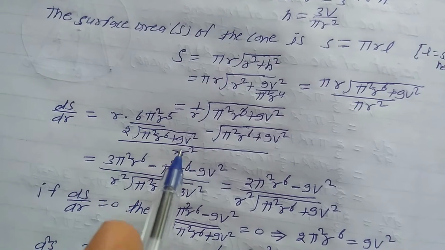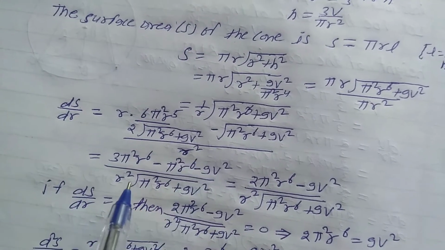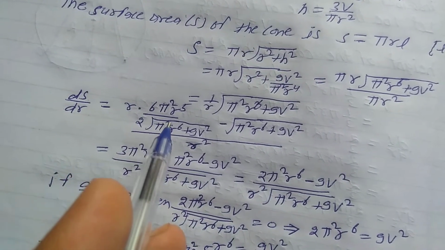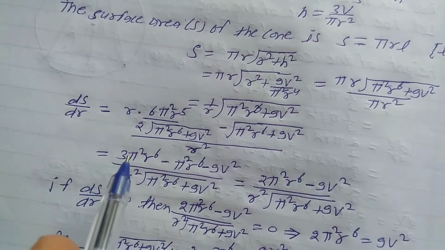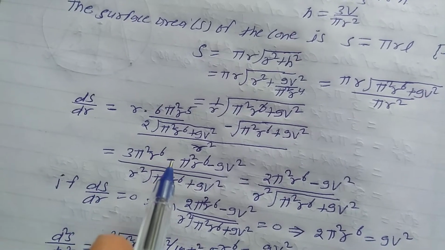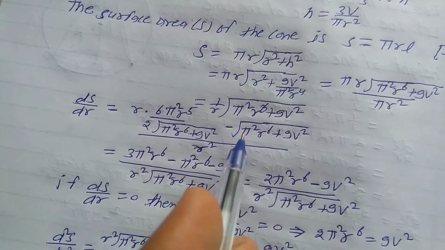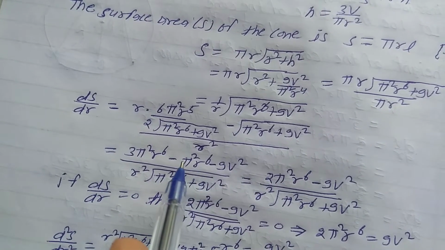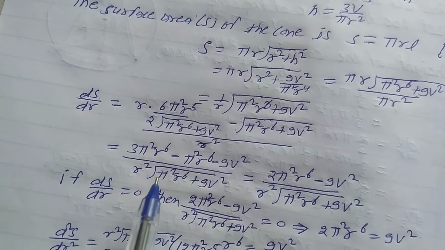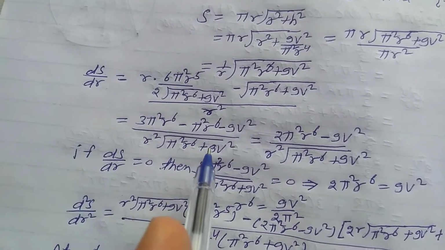In the numerator take the LCM, which is root of pi square r power of 6 plus 9V square. Here 2 divided into 6 is 3, so we get 3 pi square r power of 6 minus this root multiplied by this root, so remaining is minus pi square r power of 6 minus 9V square, upon r square root of pi square r power of 6 plus 9V square.